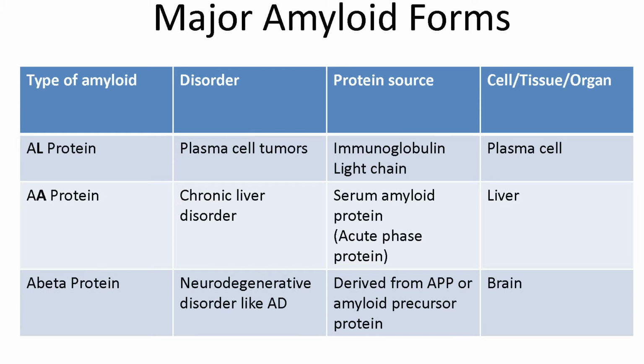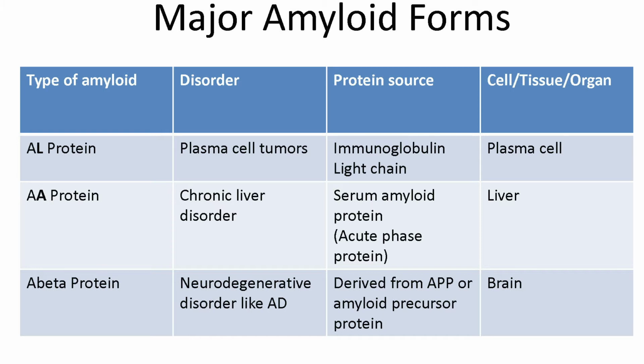In the AA type of amyloidosis, which is predominantly seen during chronic inflammatory conditions, specifically when the liver is affected, when there is chronic inflammation taking place in the liver, there is a lot of pro-inflammatory mediator production. Specifically, the interleukin 6 and interleukin 1 levels are very high, and this overwhelming response will induce the production of acute phase proteins like the serum amyloid protein, and an excess amount of serum amyloid protein would misfold and result in the formation of AA deposits.